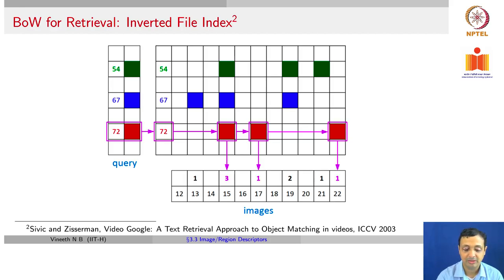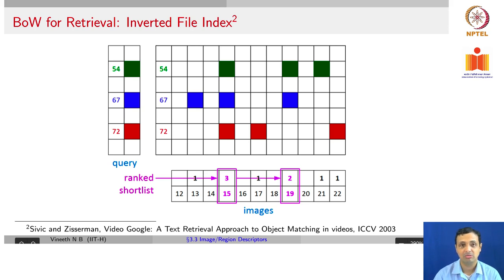Similarly, you would do this for the red visual word or the 72nd visual word, and at this time, the 15th image gets one more count, the 17th image gets a new count added here, and the 22nd image gets a new count added here. So it's evident from this that the 15th image has the highest count with respect to the query image, and you now rank order all your repository images based on a shortlist with respect to these visual words.